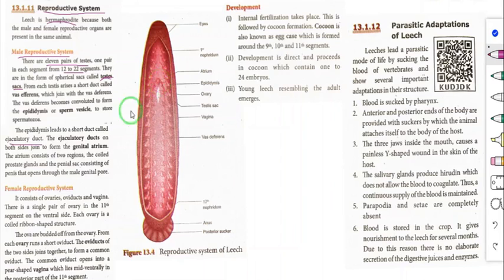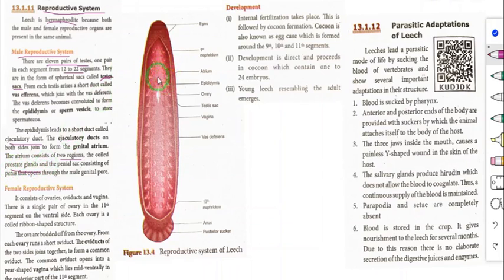The atrium consists of two regions: the coiled prostate gland and the penial sac consisting of penis that opens through the male genital pore. Okay, the atrium consists of how many regions? Two regions. One is the coiled prostate gland. So first one is the coiled prostate gland.